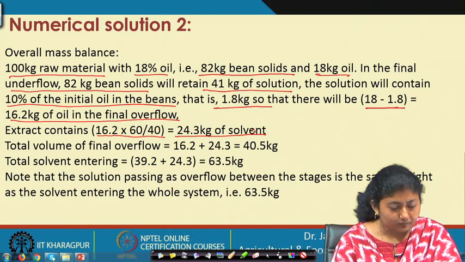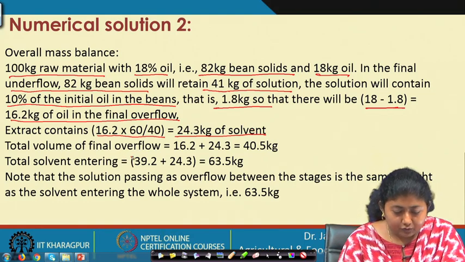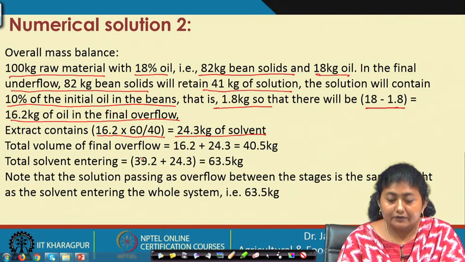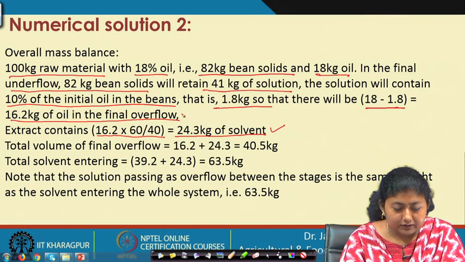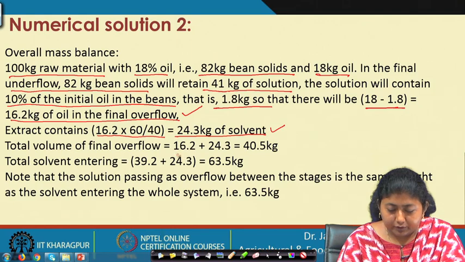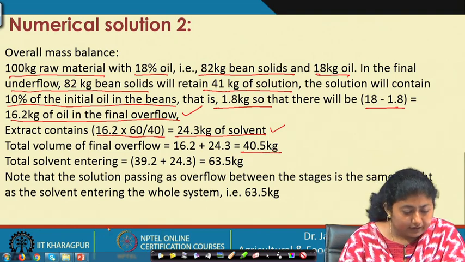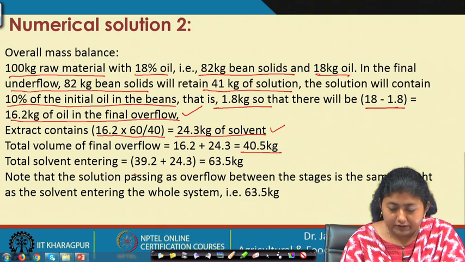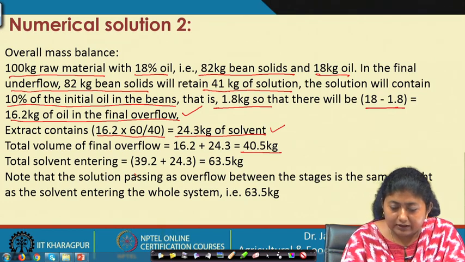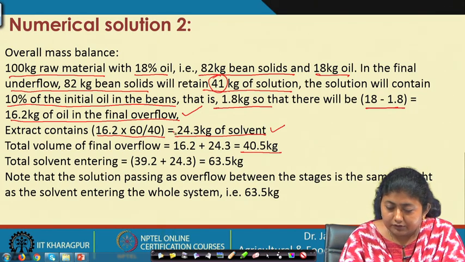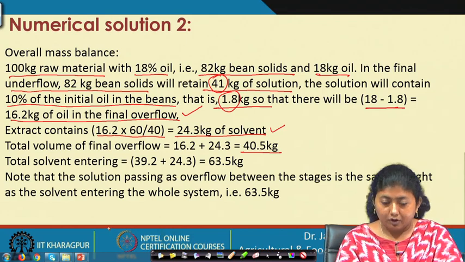Now, the total volume of final overflow. The overflow will have the solvent plus the oil in it. So, 16.2 plus 24.3, that is 40.5 kg, right. Now, the total solvent entering, that we need to find. If you remember, we had 41 kg solution, and in that solution we had 1.8 kg of the oil material.